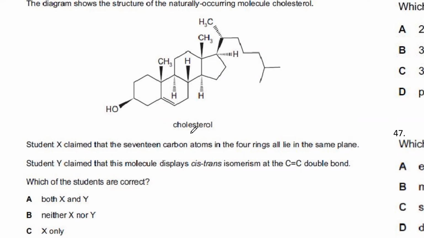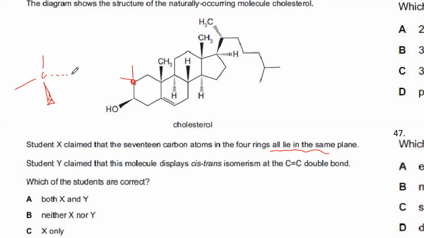Yeah, okay. So student X claimed that 17 carbon atoms in the 4 rings all lie in the same plane. That's wrong. They can't lie in the same plane. Remember this. When you have carbon making single bonds, what's the shape around that carbon atom? Carbon making 4 bonds. What is the shape? Tetrahedral. That's not lying in the same plane. This bond is coming out of the page, so it's not lying in the plane.